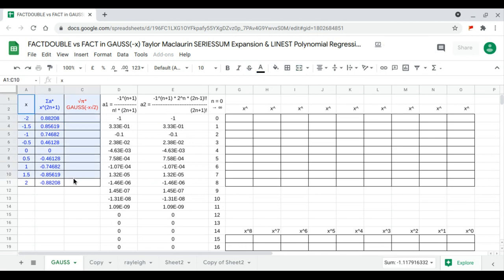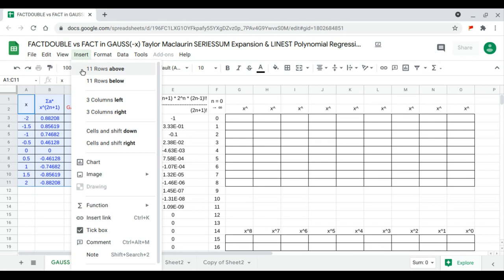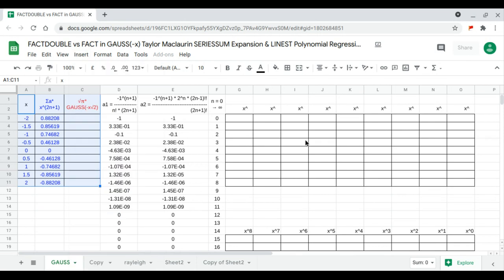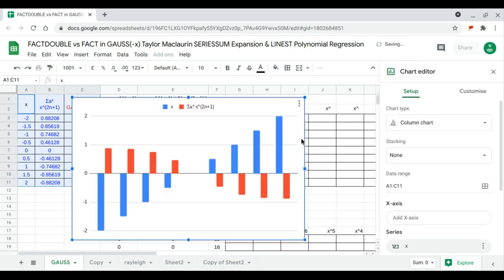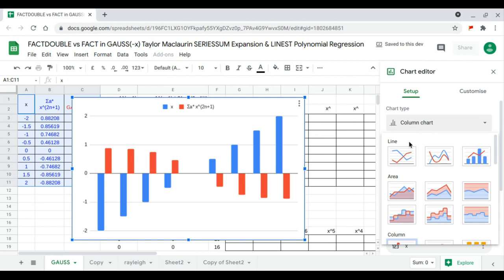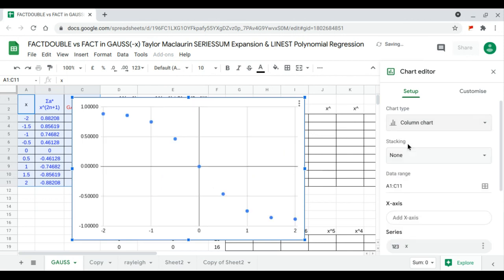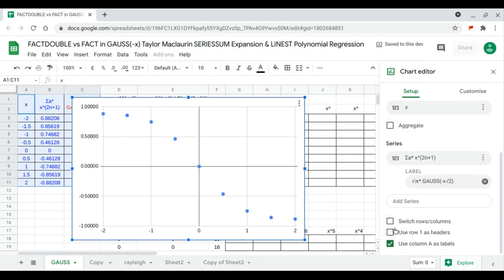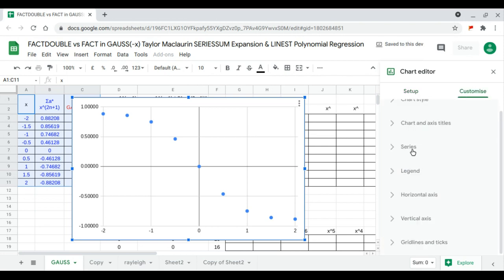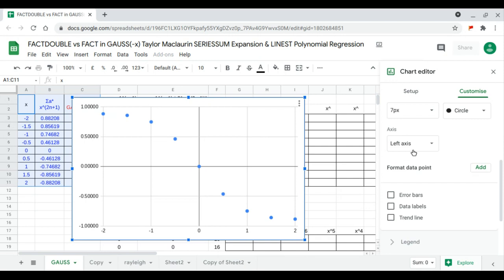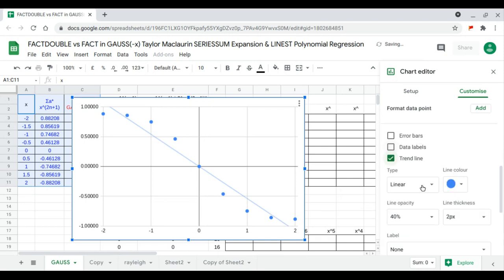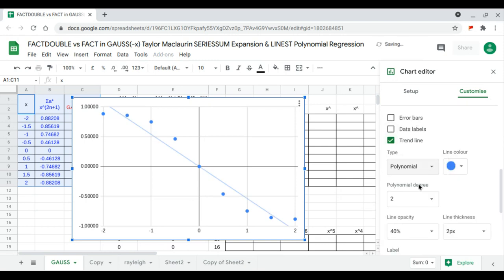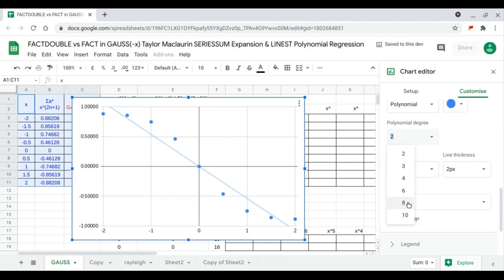And we'll chart this. Insert chart. And we will use scatter chart. Use row 1 as header, column A as label. The series, trend line, polynomial to the 8th degree.